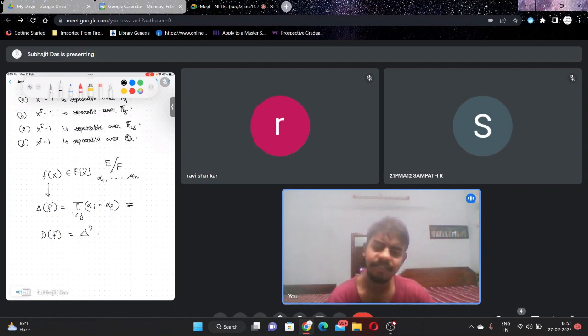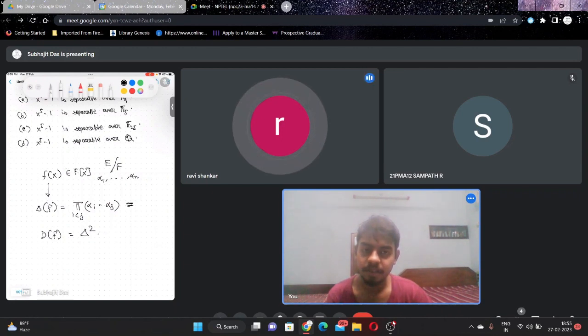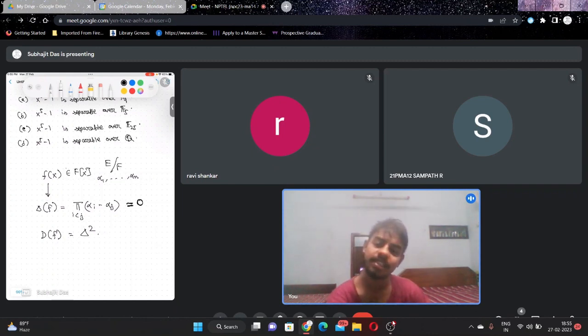It's easy: alpha i minus alpha j becomes 0, right? So if the polynomial is not separable, then the discriminant is 0, and conversely if the discriminant is 0, then the polynomial cannot be separable, right?